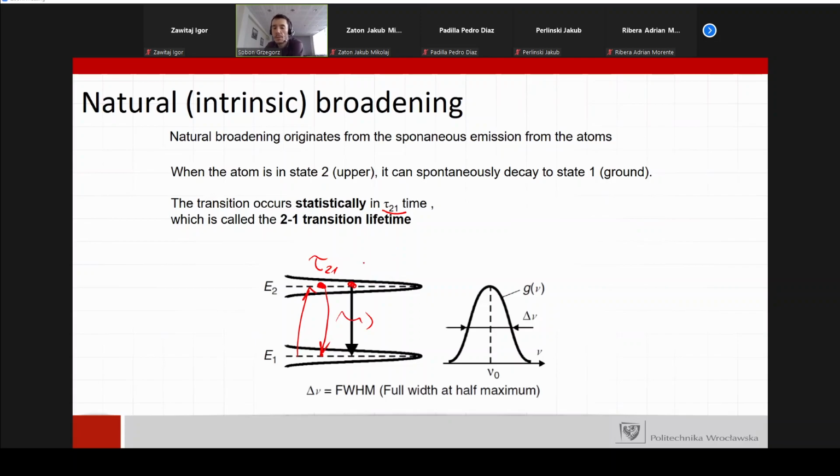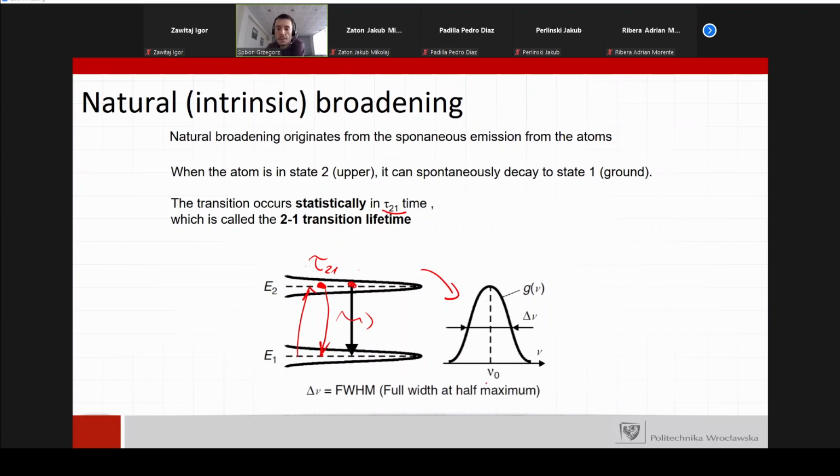and because of this transition lifetime, because this is just random, right? Since some atoms can stay for a longer or shorter time on this upper level, this will translate into broadening of the spectrum of the photons emitted from this energy level.